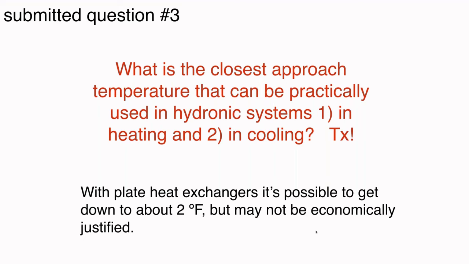Remember, as you bring this approach temperature difference down, you're doing that by using larger and larger heat exchangers, okay? So this is where you have to go back and look at what am I gaining, as an example, if I change from an approach temperature difference of 5 degrees Fahrenheit to 2 degrees Fahrenheit.